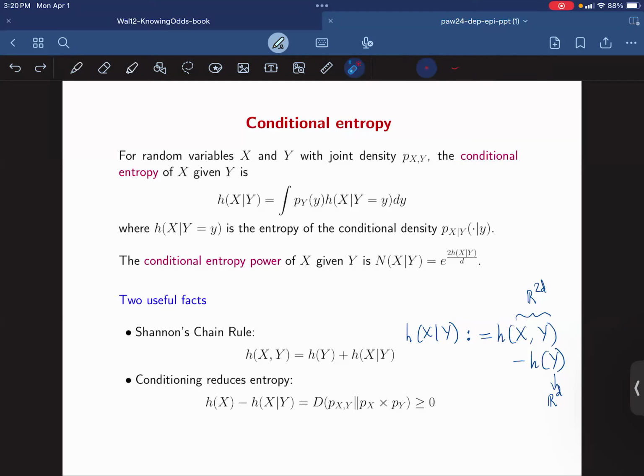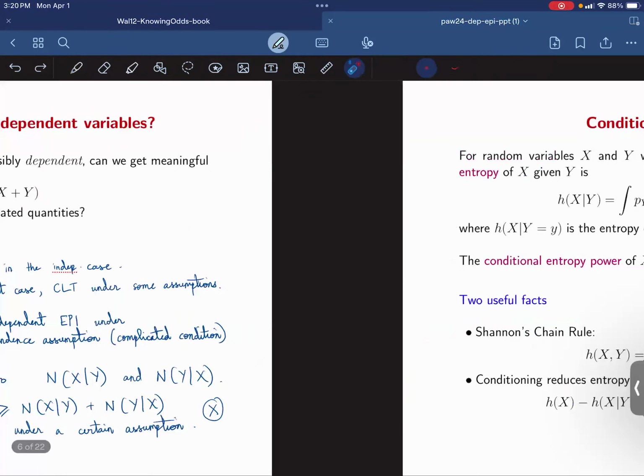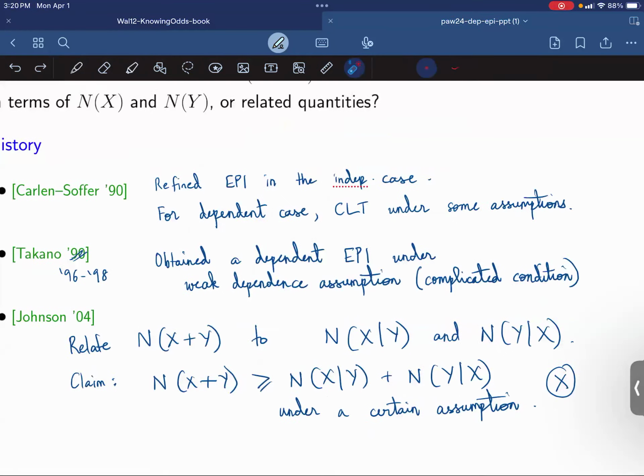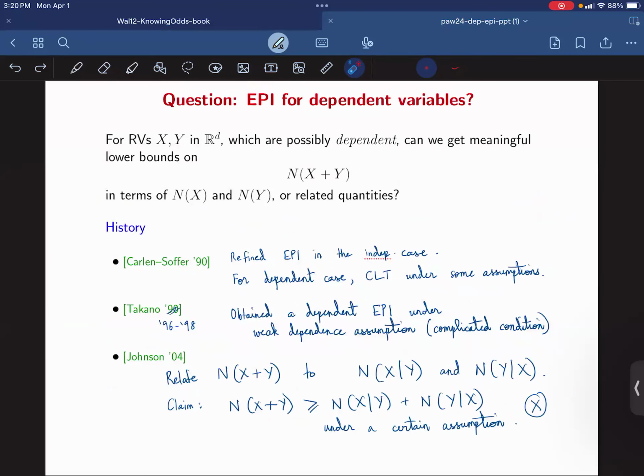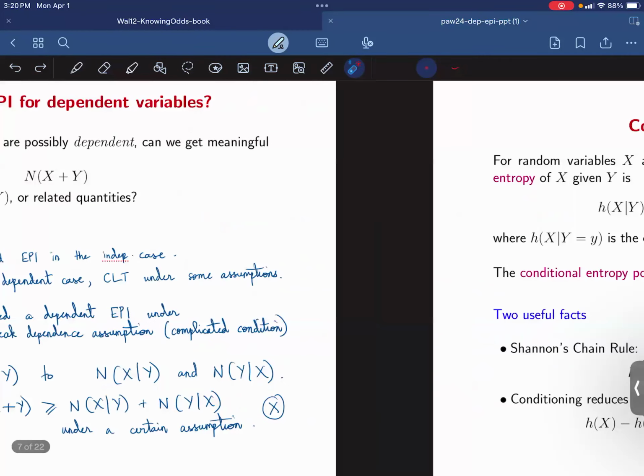The point of that is that this is always a weaker inequality than the original entropy power inequality, which involves the entropy power of x and the entropy power of y, because conditioning reduces the entropy. So this is a smaller lower bound, but in the case where one has dependence, typically one cannot expect the original EPI to hold. That's certainly false. And so it's reasonable to ask for an inequality of this type.